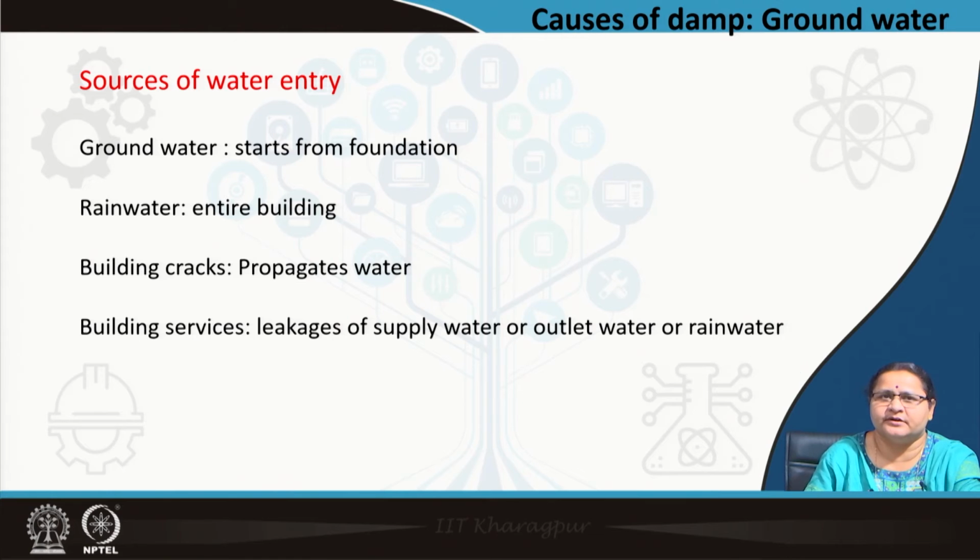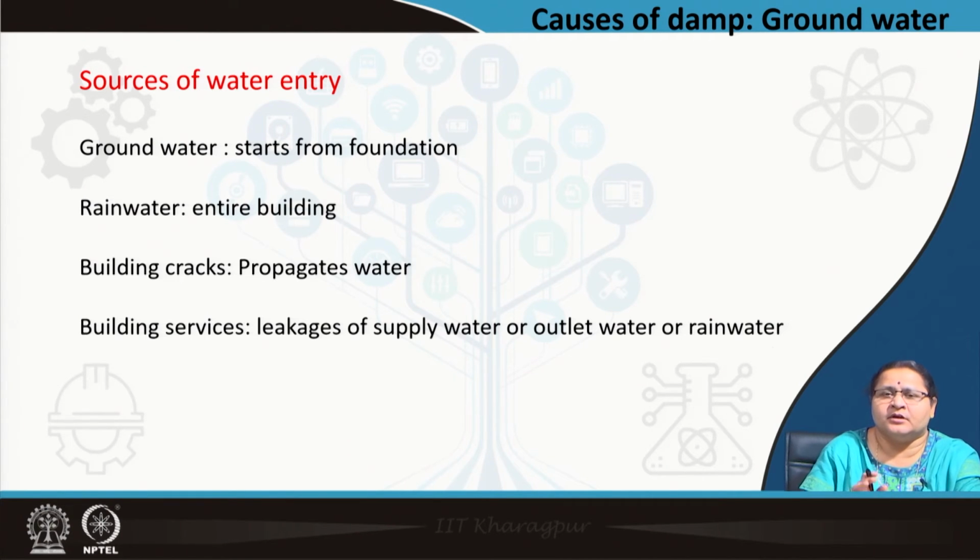The rainwater gets accumulated on the roof also. So, proper drainage of the rainwater from the roof is mandatory. That calls for proper slopes towards the rainwater pipes, etc.